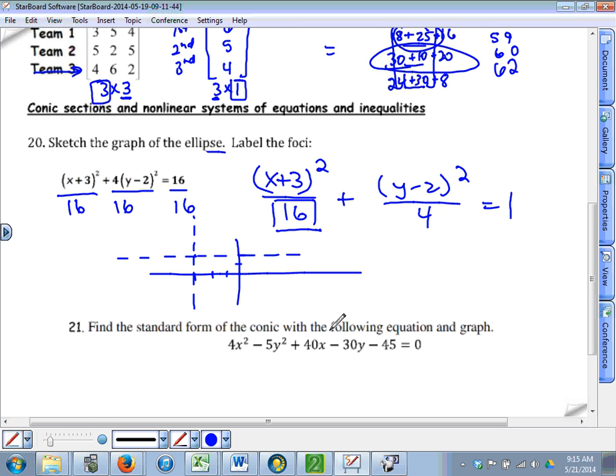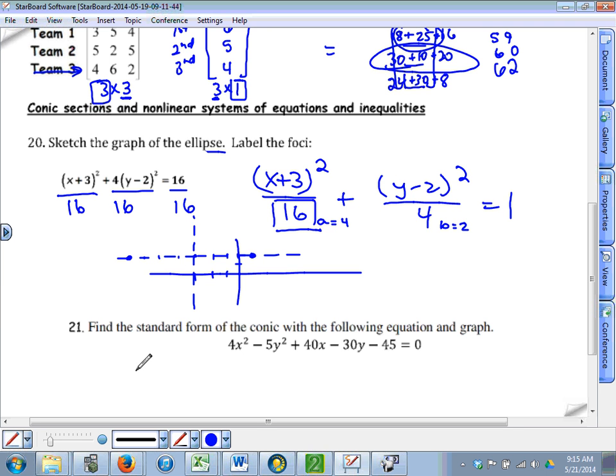Now on ellipses, the largest value is a squared. So if a squared is 16, that means a is equal to 4. The smaller value is b squared, so that means that b is equal to 2. Since the largest value is underneath the x term, it's horizontal. So starting from your new point, you're going to go out 4. 1, 2, 3, 4. There's one vertex. 1, 2, 3, 4.